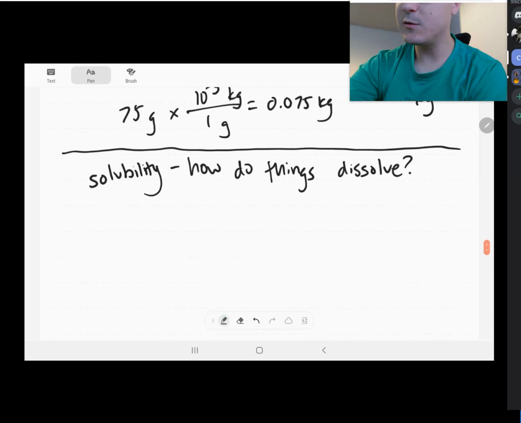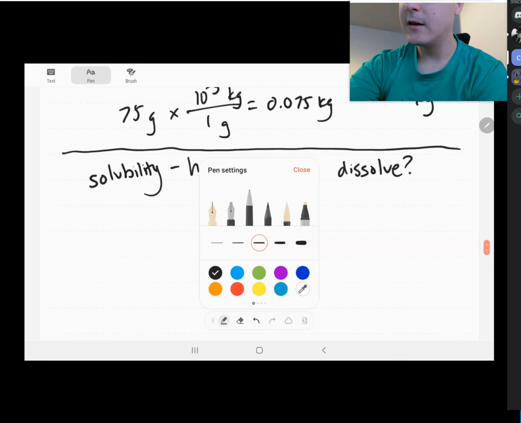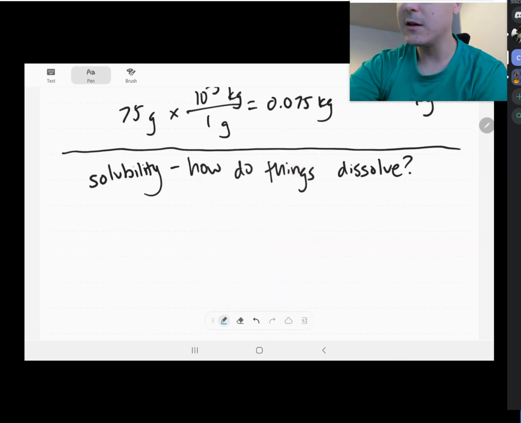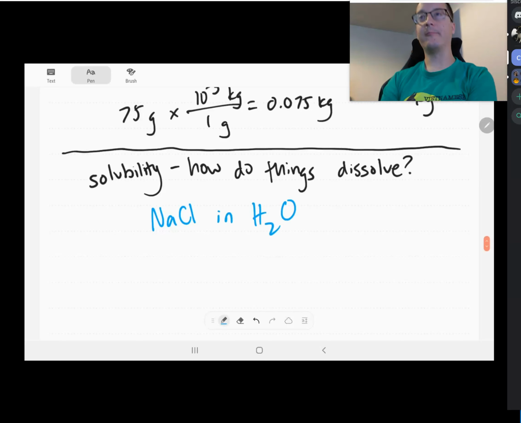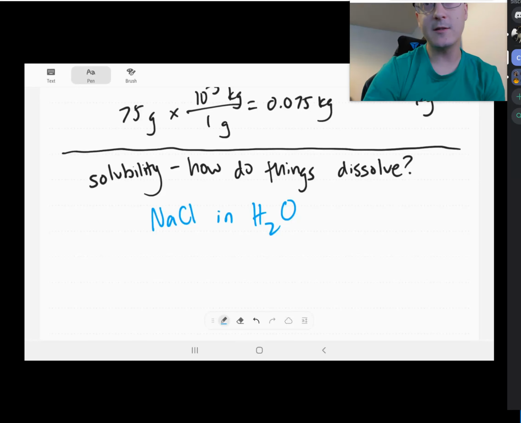One of the easiest ones to look at is sodium chloride in water, salt water, a very standard solution. Let's see on a molecular level how this works.